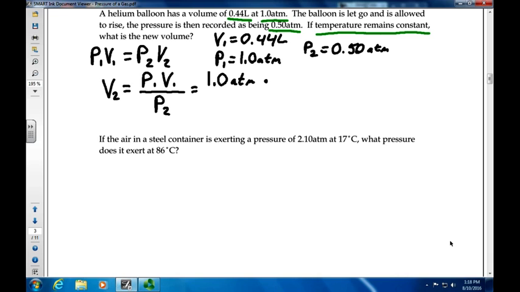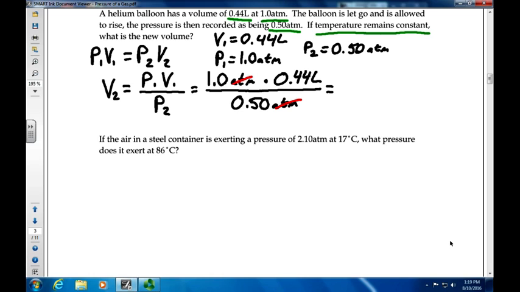So our P1 was 1.0 atmospheres times V1, which is 0.44 liters, all over P2, which is 0.50 atmospheres. And note that atmospheres and atmospheres cancel each other out, and we're left with liters.